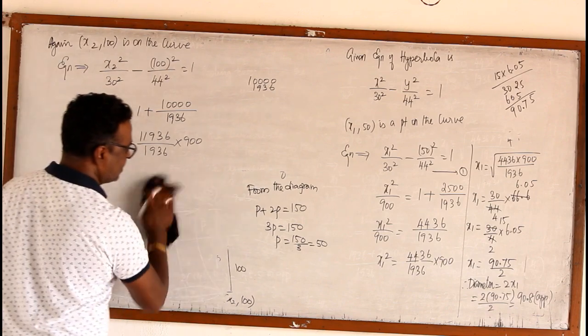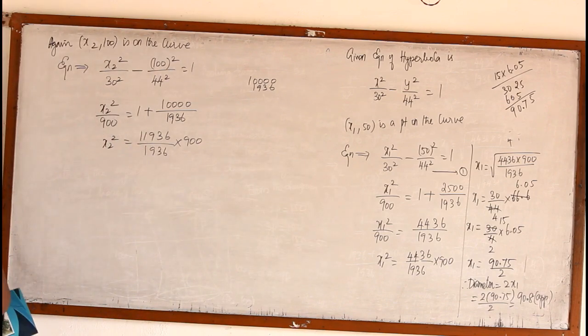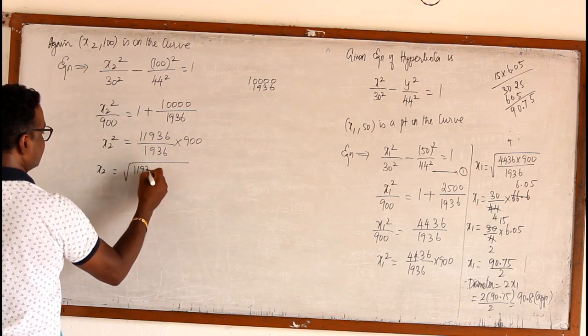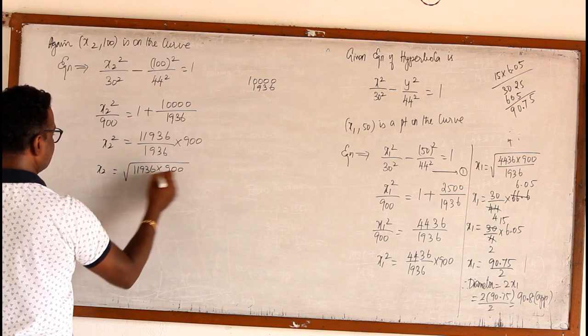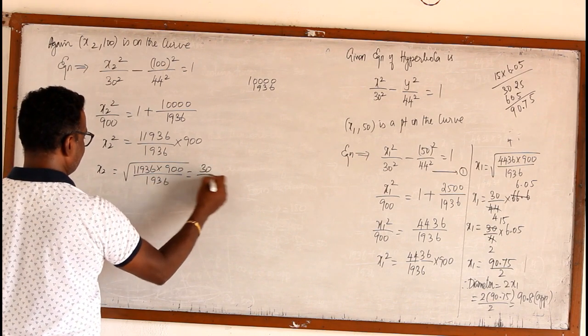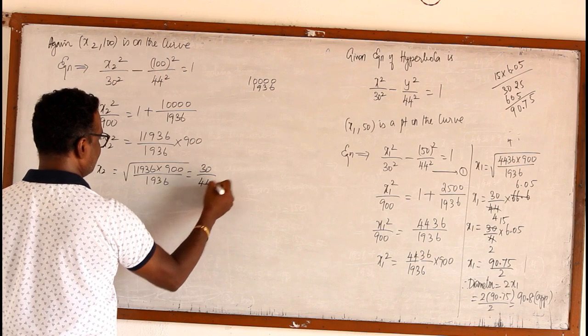Therefore, from this we shall find x2 as root of 11936 into 900 by 1936. 900 root is 30, 1936 root is 44.